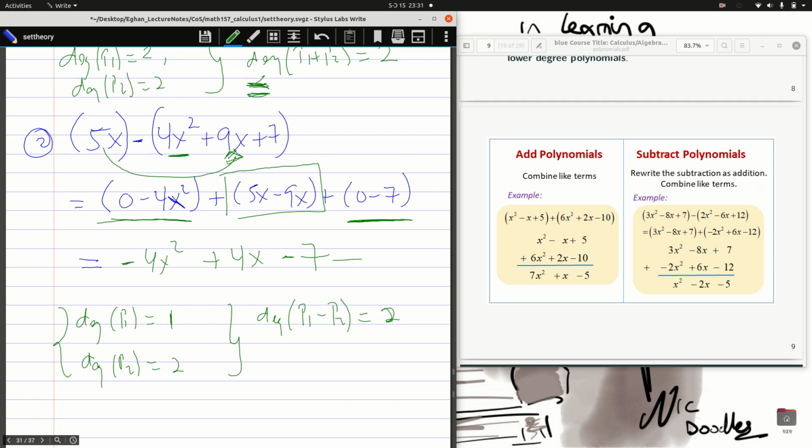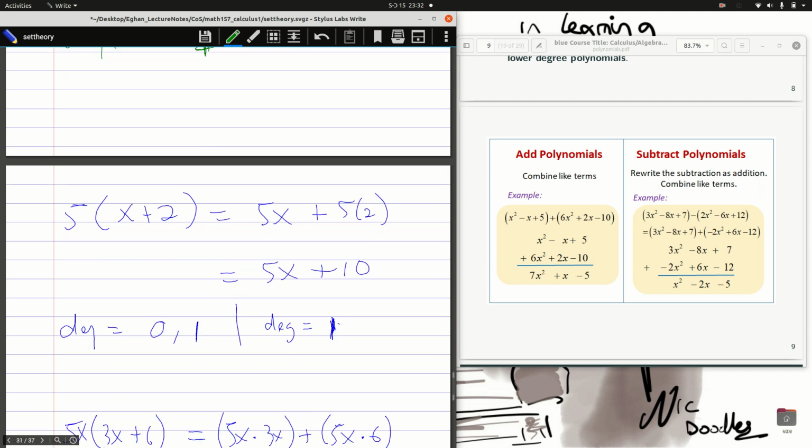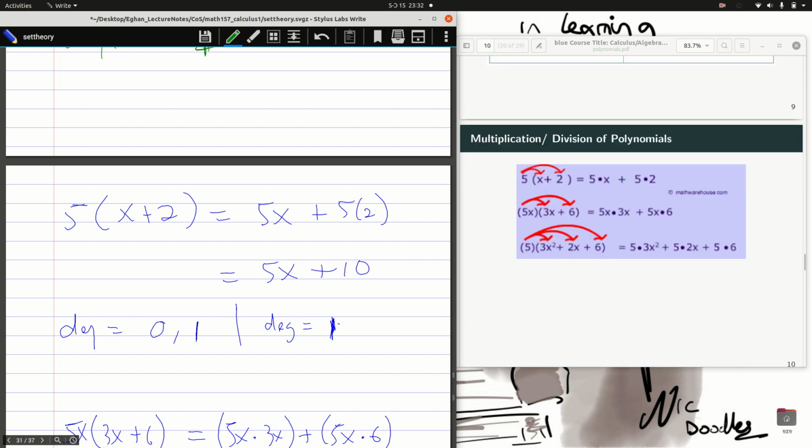The degree will be 2 from here. It is 2 because of this term. What do you tell? You realize that this is one of this, that is the degree of the second one. So it says it will be less or equal to any one of it. Alright, now we move on to the multiplication.